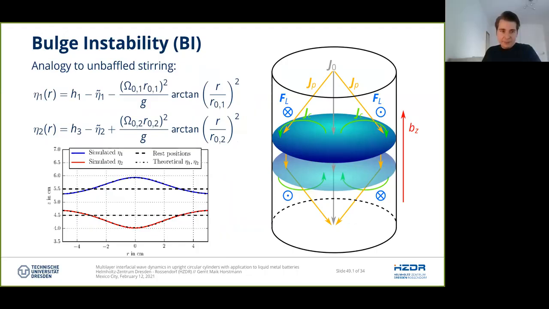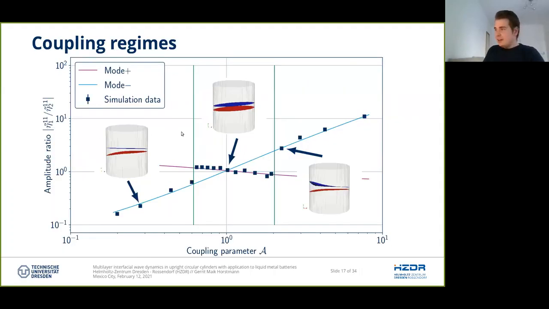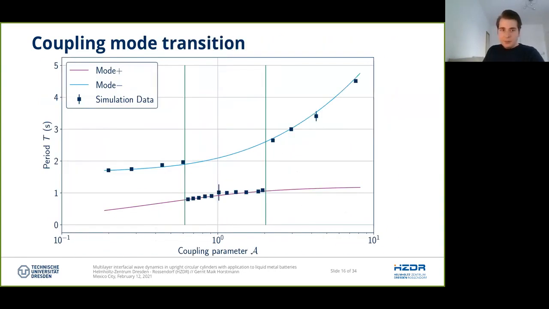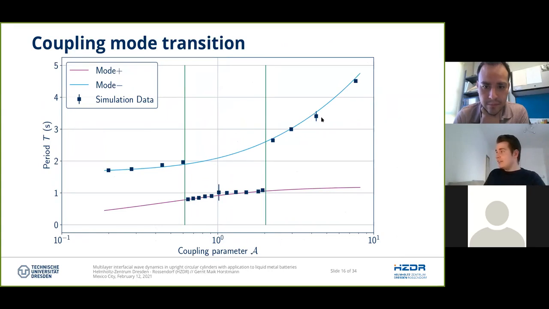In this measurement with the strong error bar, it is just that the measurement was disturbed by some secondary effects. So we can say here it was quite chaotic, while here I always found the anti-symmetric coupling.